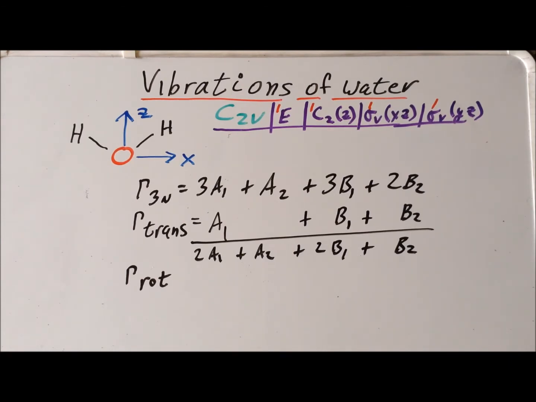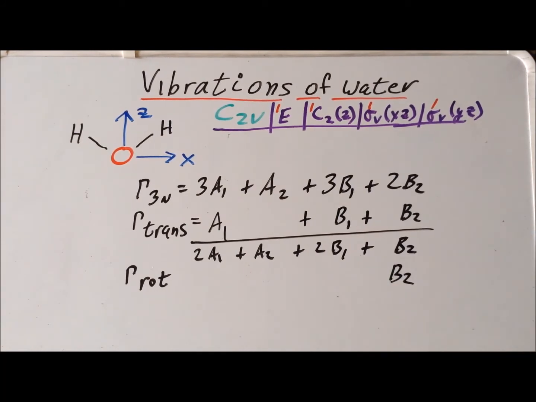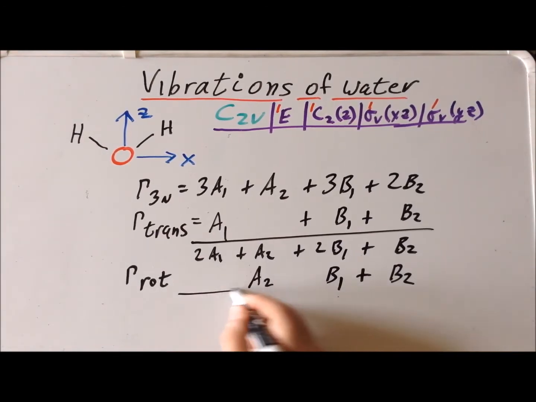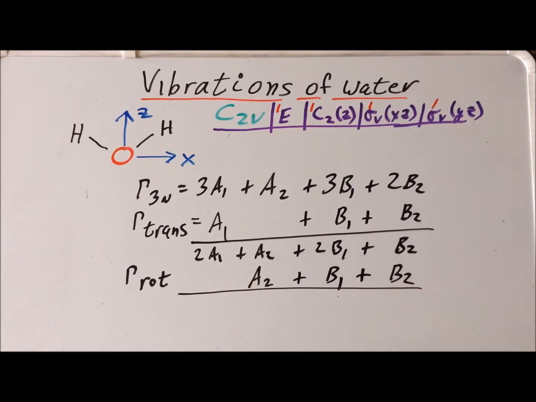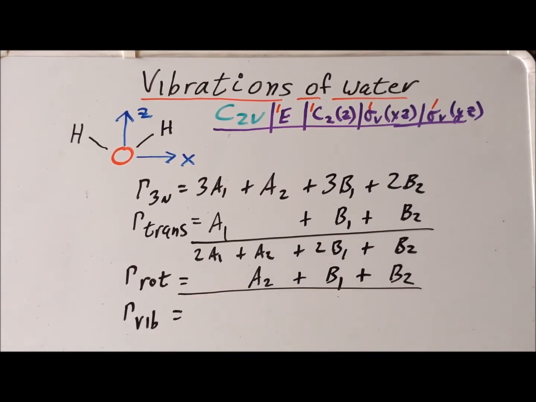So we notice that the rotation around x, Rx, has B2 symmetry, so we use the B2 irreducible representation for that. For rotation around the y-axis, the irreducible representation is B1, and the rotation about the z-axis is A2. So if we subtract these irreducible representations from what we have so far, this will actually give us the linear combination of irreducible representations that describe vibration.